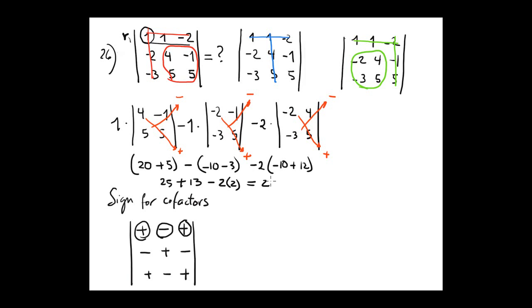So we have 25 plus 13 minus 4. 25 plus 13 is 38. 38 minus 4 is 34. And this is the answer. The value of the determinant is 34. It corresponds with option B.